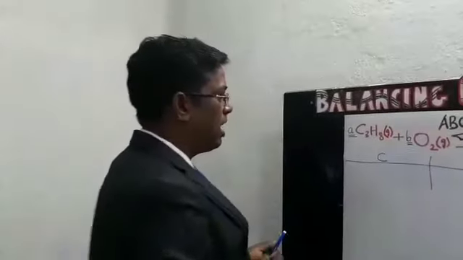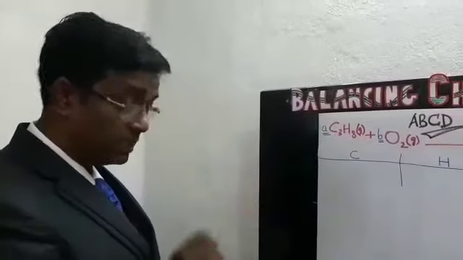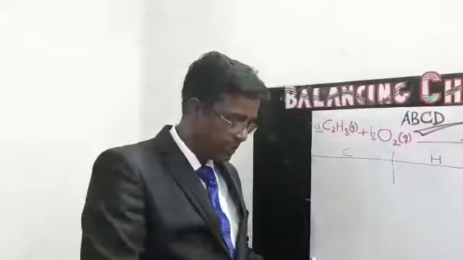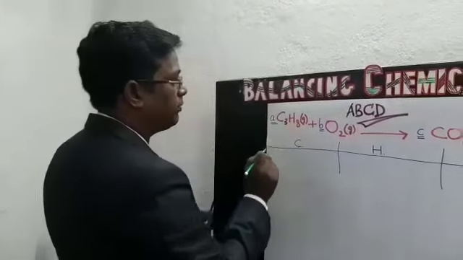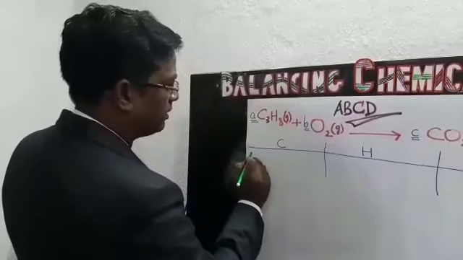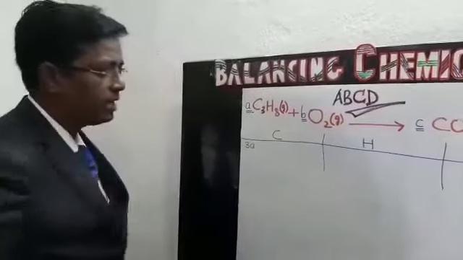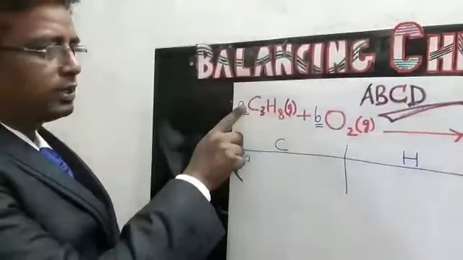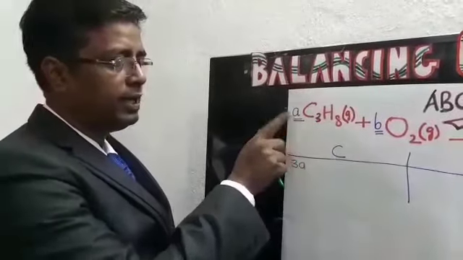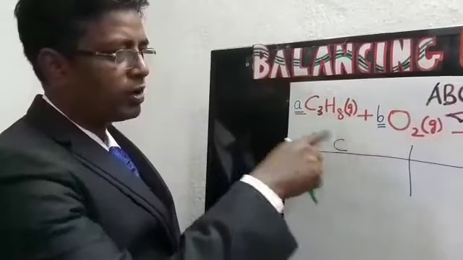We'll equate them. This is the second step. It's very important, please pay attention here. Carbon has 3 atoms, so 3 into A is 3A. Now no more carbon is here.